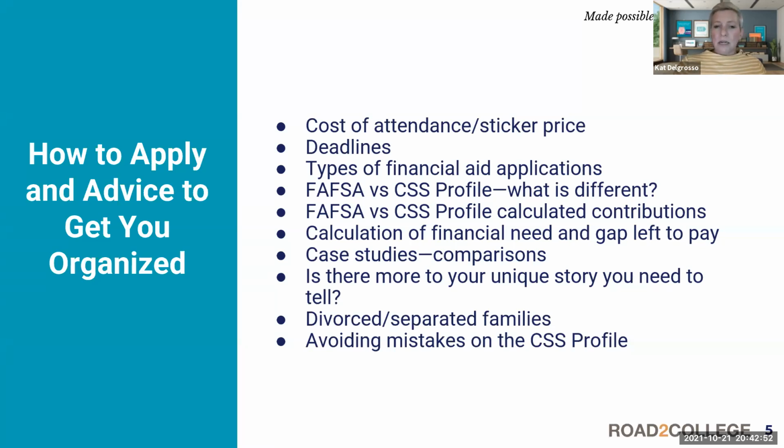I'll go through some case studies, and then also talk a little bit about what we refer to in the financial aid world as special circumstances, things that are unique to you that aren't asked for on the application normally, and how to tell your unique story. I'm going to tell you some advice on that. Also, divorced and separated families, there are lots of folks in that category, so I'm here to provide a little information on that, and can also answer some questions.